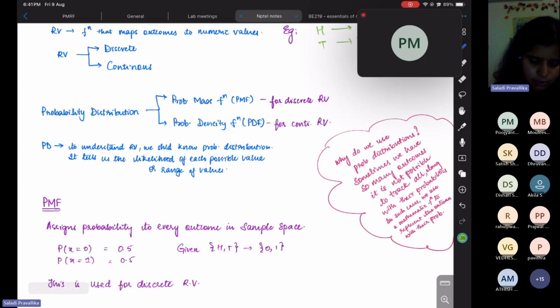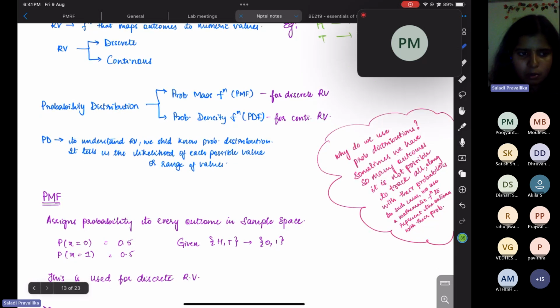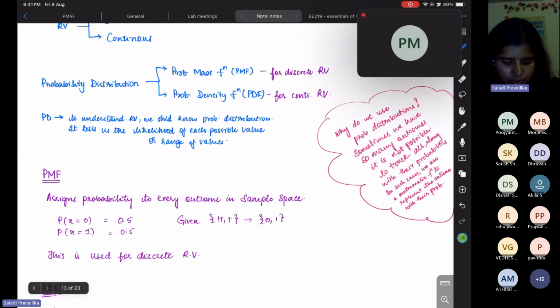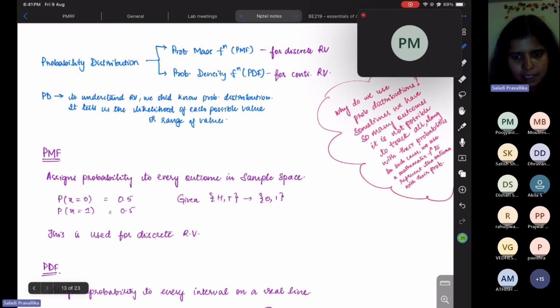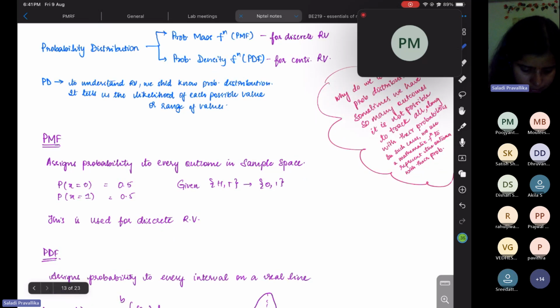To understand these random variables, we should know the probability distribution. It tells us the likelihood of each possible value or a range of values. You may not get a crisp idea of it here, but as we go on, you will understand.